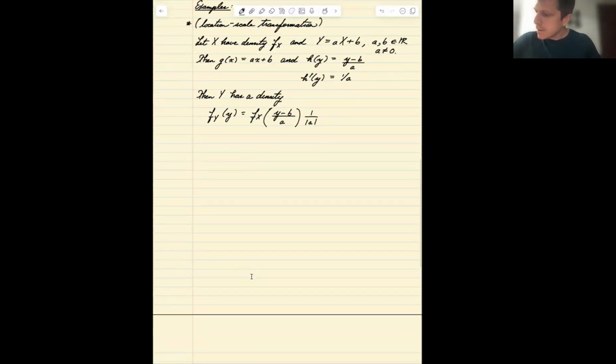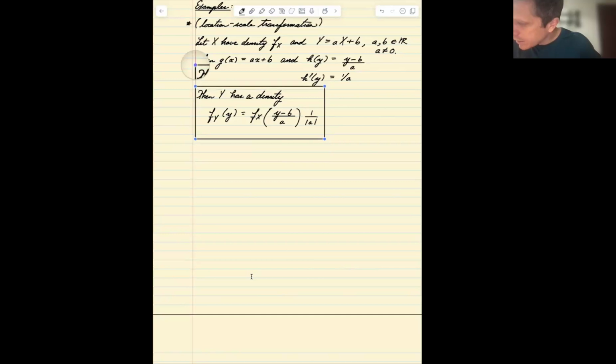Okay. So this is, in general, the density of a location scale family. We can define a location scale family for any random variable by taking a random variable and letting a and b vary, and getting the family of densities that we define here.